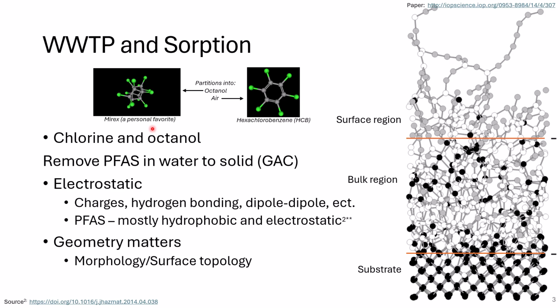Another name for GAC is amorphous carbon, and as you can see from this picture, the structure is really, really wild and crazy. But this is not the true structure of GAC. This is a computational experiment, right? So they're finding the lowest energy, the minima of GAC under these conditions.